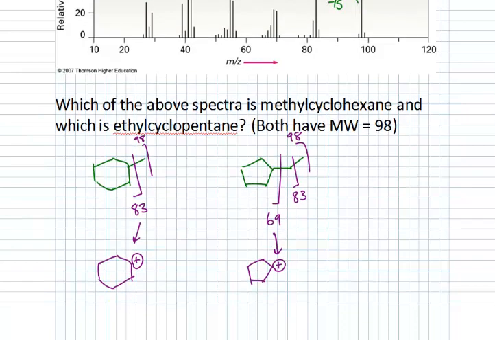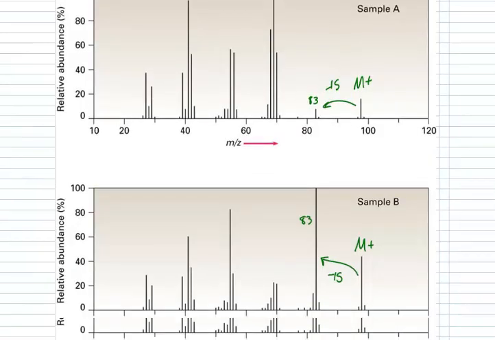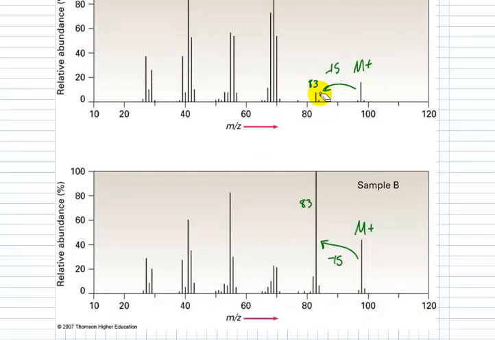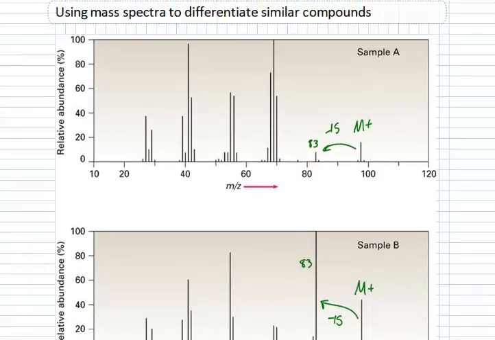I would predict each of these would be the base peaks. In fact, in this cyclopentane one, I would predict that the peak at 83 would be very small because it's a primary. That would be a primary carbocation. So, does that make sense? Yeah, here's one with a very small 83 peak. Okay.